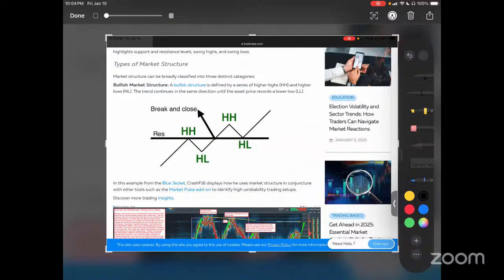And then price leads to a new what? Somebody fill in the blank. What does price lead to? What's circled? A new high or higher high. Good job, Miss Sherry. Right?